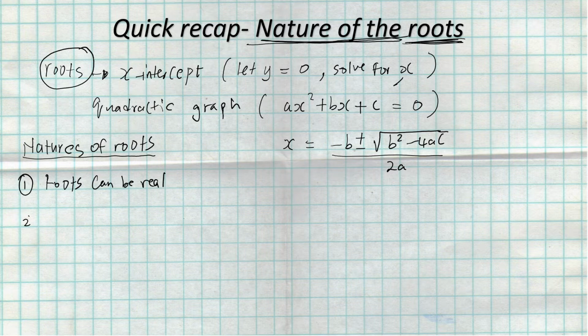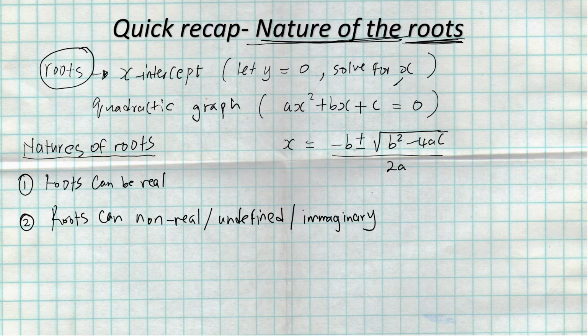Number 2, your roots can be non-real, also known as undefined, or sometimes called imaginary. Lastly, your roots can be equal. So that's a quick recap: the roots can be real, non-real, or equal.